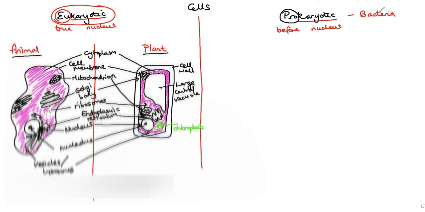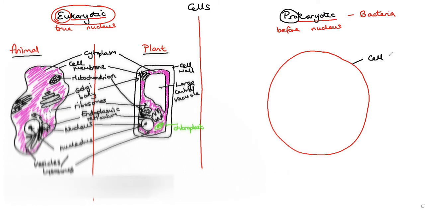So having a look at their structure then, if we draw a bacteria here, around the outside of the cell you find a cell wall, and this is made of something called peptidoglycan or murein.